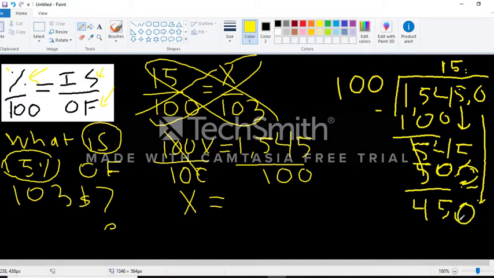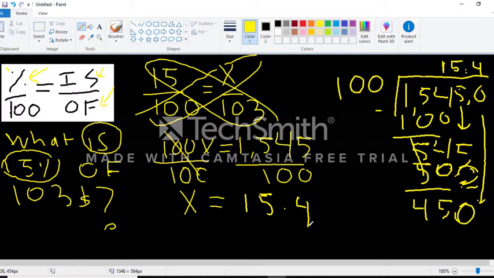So 100 goes into 450 4 times. Right? And that's all we need. So let's just say 15.4. Okay. So from here, we've solved. Our final answer is 15.4.